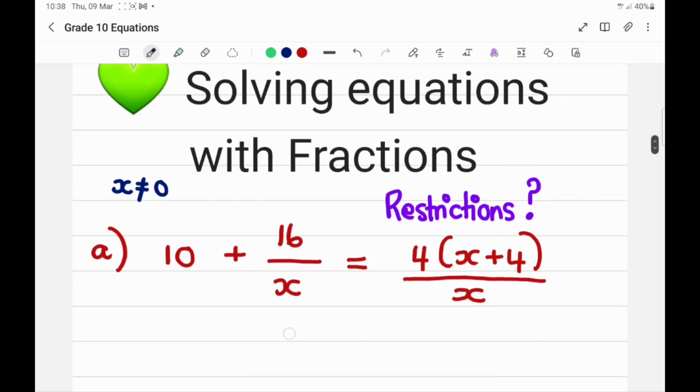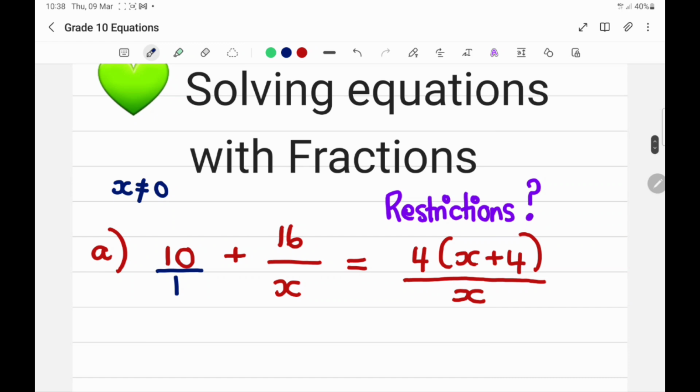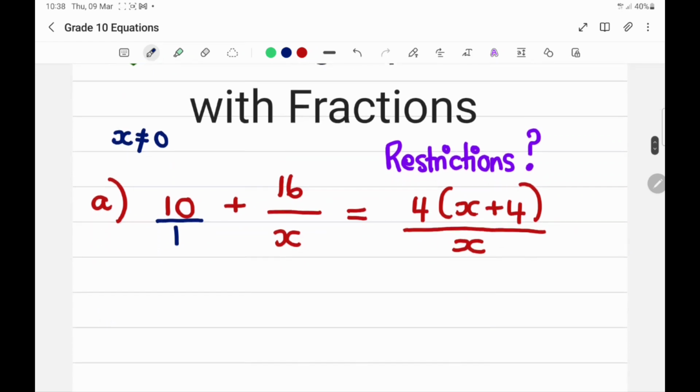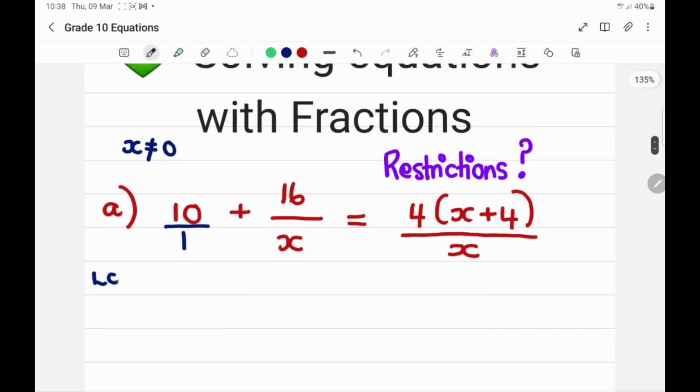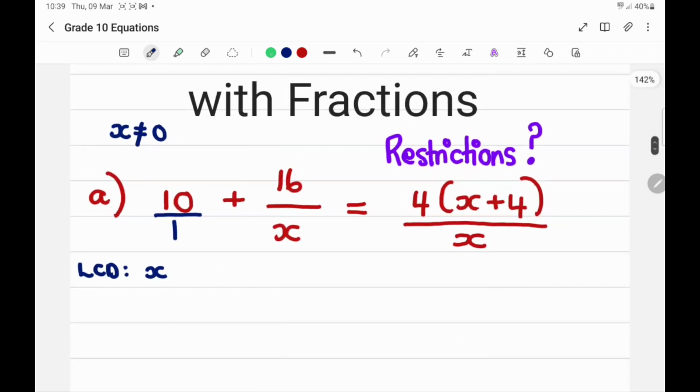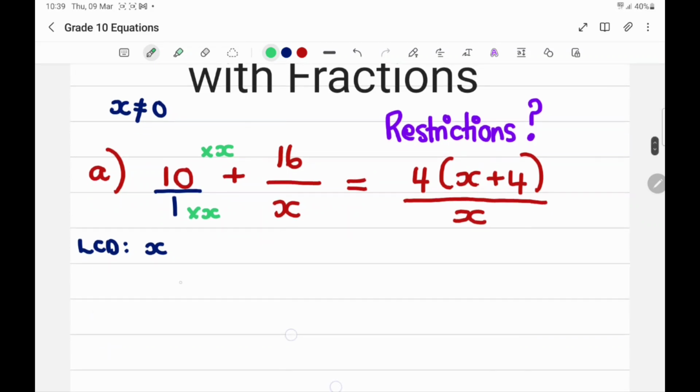All right, so let's have a look. If I put this over 1, what would be my LCD? My LCD would be x. Without rewriting the whole fraction again, I'm just going to see which one had to get an x. This one over here, and what I do at the bottom, I have to do on top. Then I'll end up with 10x plus 16 is equal to 4x plus 16.